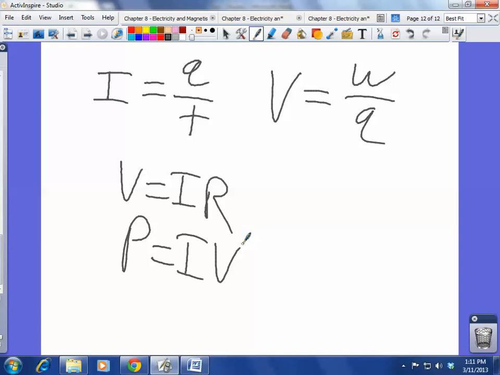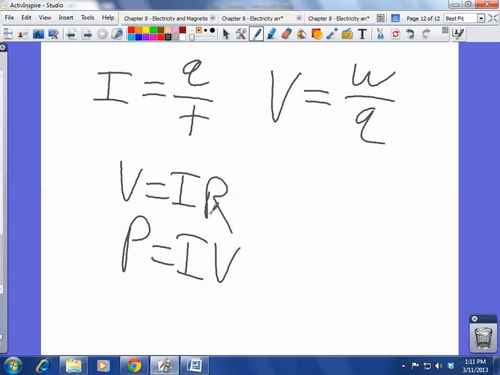Power equals current times voltage. And remember, the only thing to be careful of, which might be a little tricky, is that this is voltage measured in volts, current measured in amps, resistance measured in ohms. So if I give you something like 3 kilovolts and 2 mega ohms, probably won't give you mega because we don't need to memorize mega, but you'll have to convert them first.